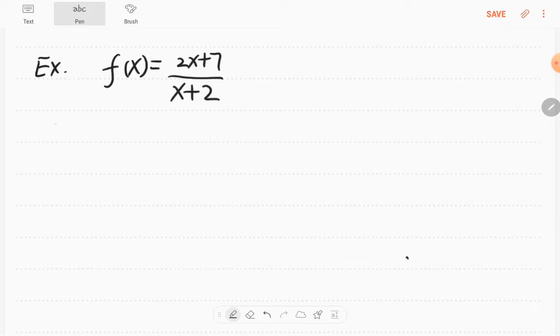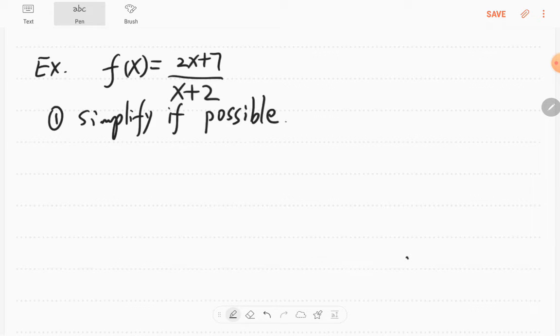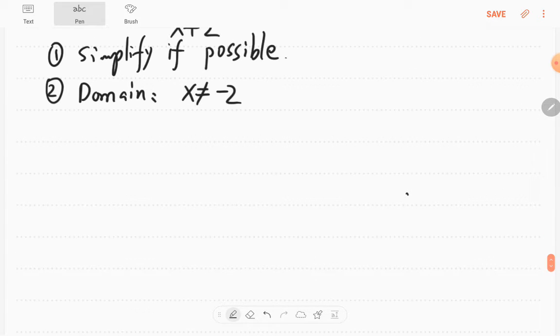The first step is always to simplify, if possible. Here we don't need to simplify. Step 2, we need to find the domain. The denominator cannot be 0, so x is not equal to -2. This is our domain.